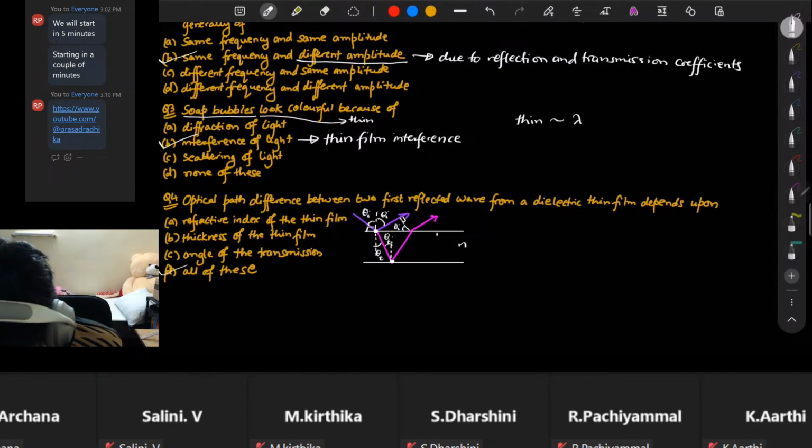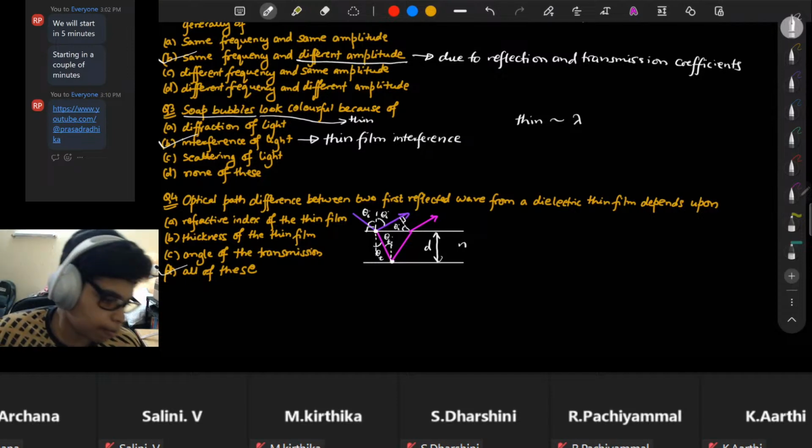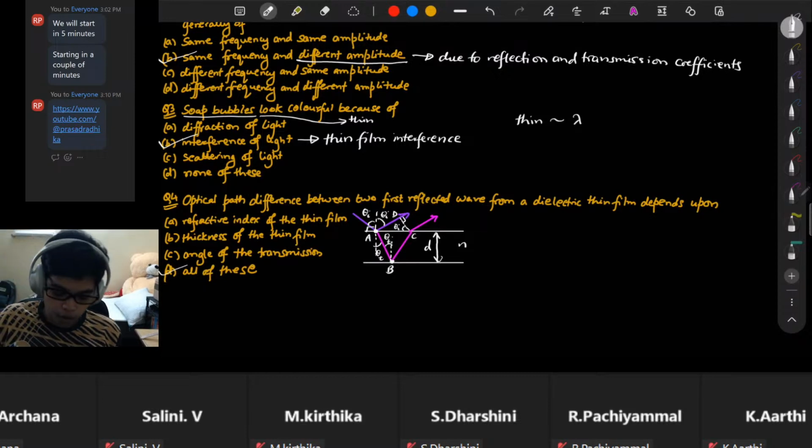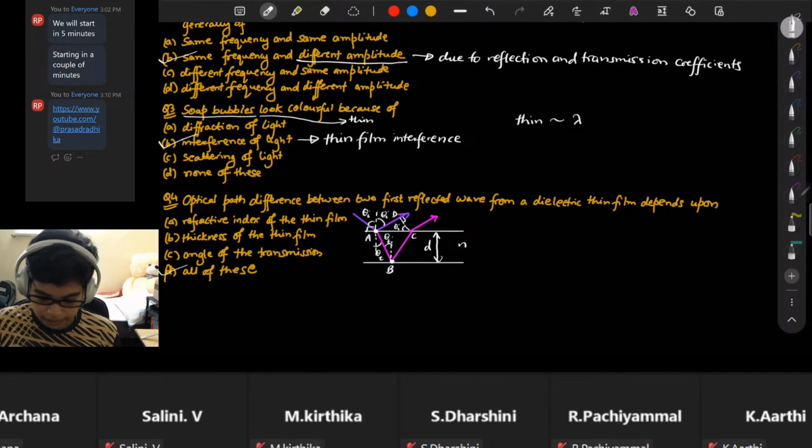And this thickness is D, the thickness of the thin film. So let us label these points. Let's say the first reflection point is A, the second reflection point is B, this transmission point is C, and where this normal falls on the first beam is D.